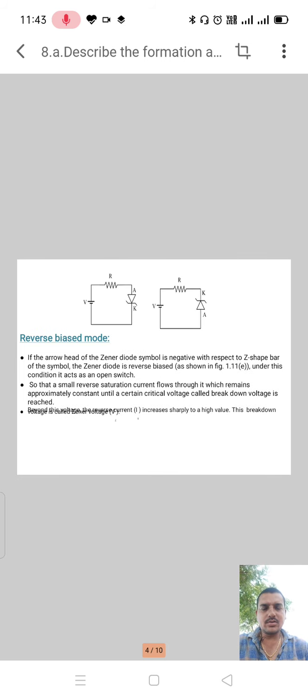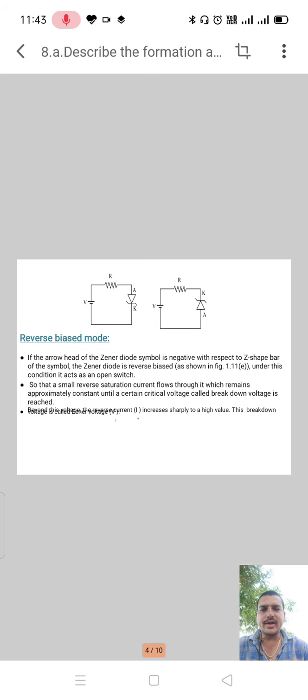In this figure, the Zener diode is in series with a resistor connected to the battery. It is in forward bias mode. Now we discuss reverse biased mode.